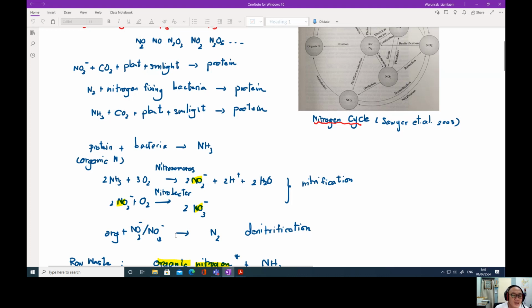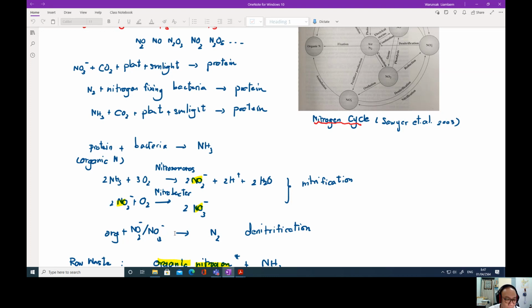This reaction will only occur when the oxygen is absent, so that nitrites or nitrates become the electron acceptor instead of the oxygens. These reactions occur only in the absence of oxygen in the water, or in general, we call this condition the anoxic condition.